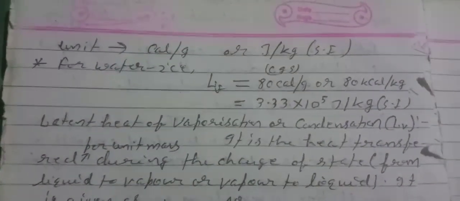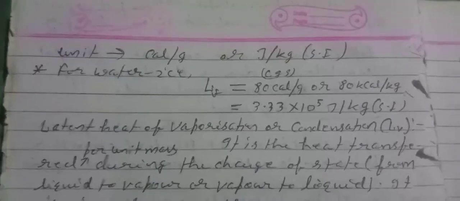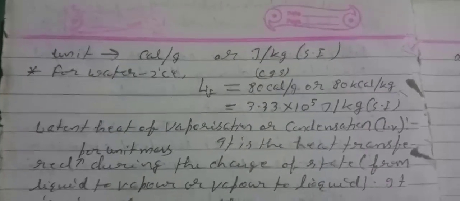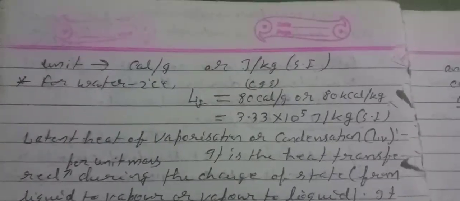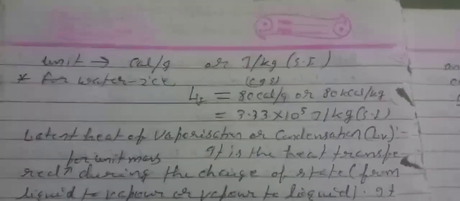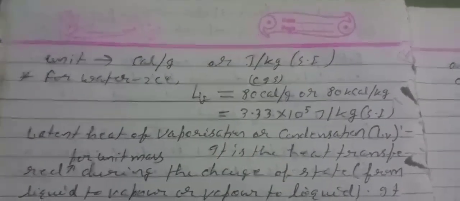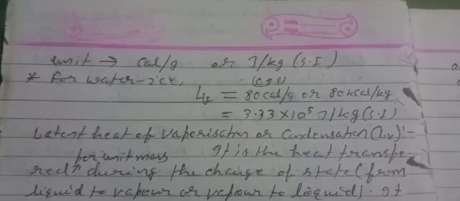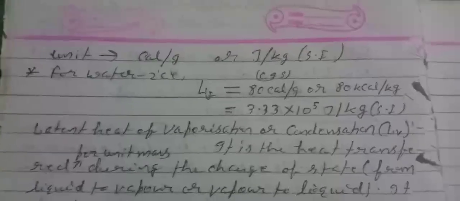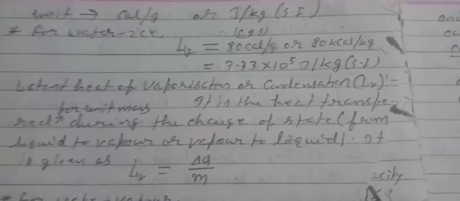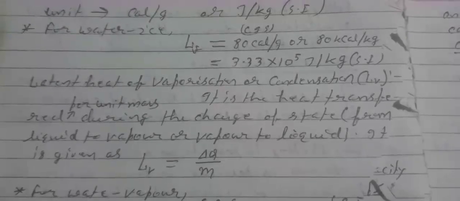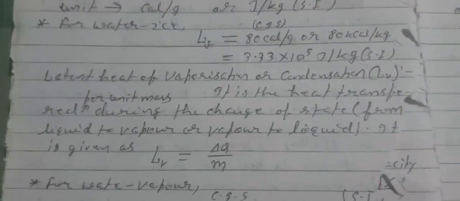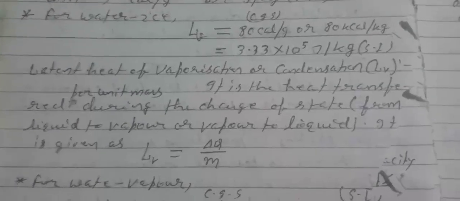Now for water ice, LF, the latent heat of fusion or melting, is 80 calorie per gram in CGS or 80 kilocalorie per kg, and in SI unit LF is 3.33 × 10⁵ joule per kg for water ice. Latent heat of vaporization or condensation, LV.